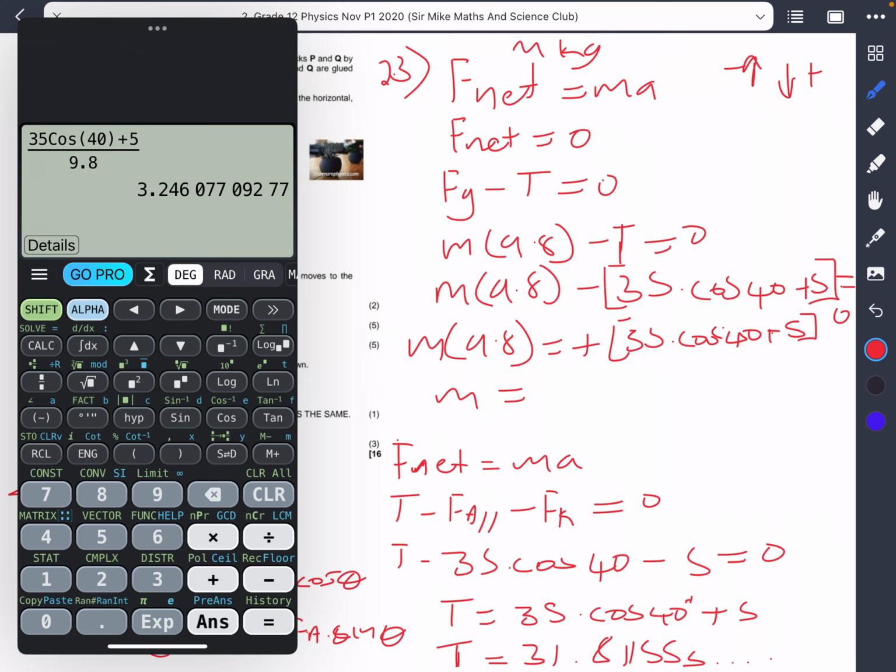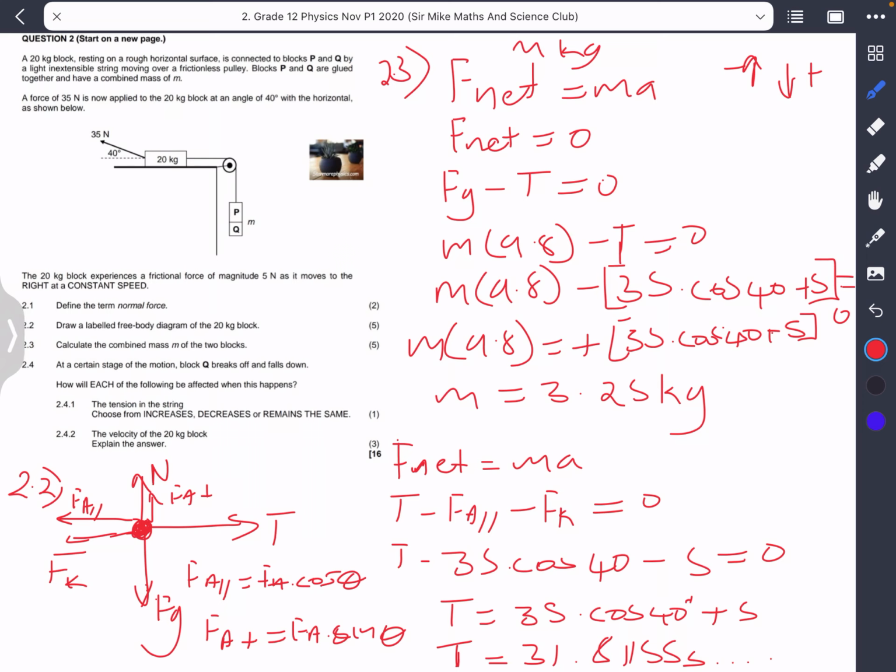So we would have a mass of 3.25, actually not newtons, so that would be 3.25 kg. That would be the mass of that combined block, which we have as P and Q. So our m would be 3.25. That would be how you would get those 5 marks.